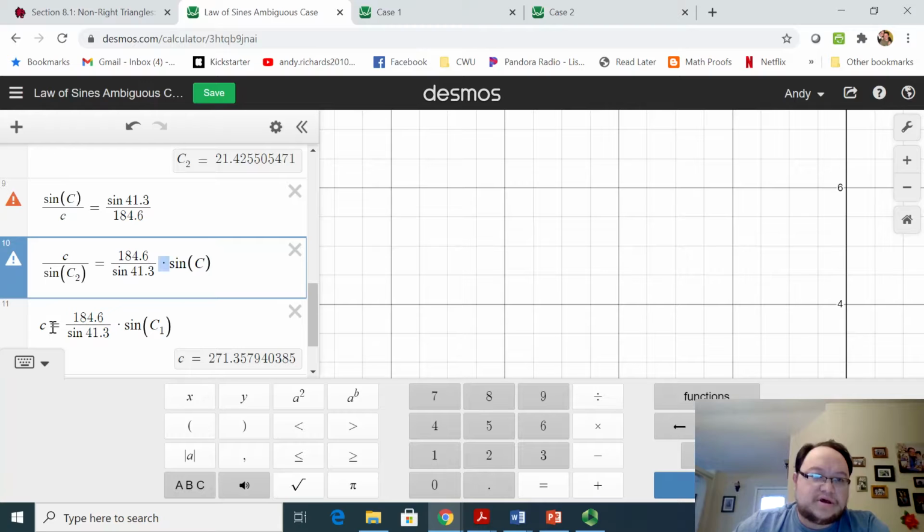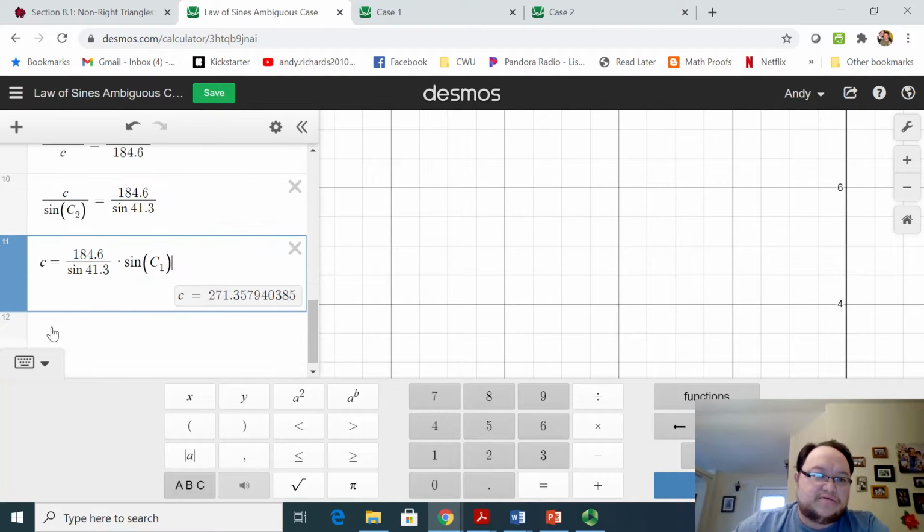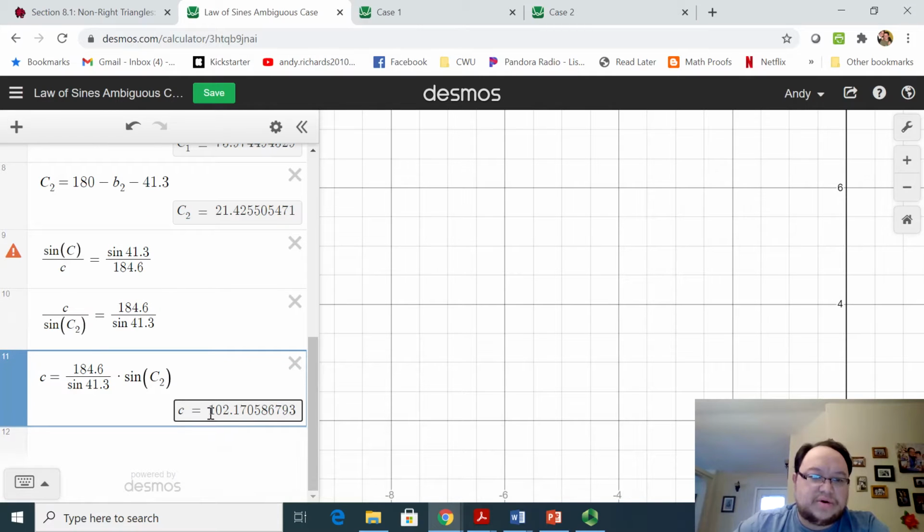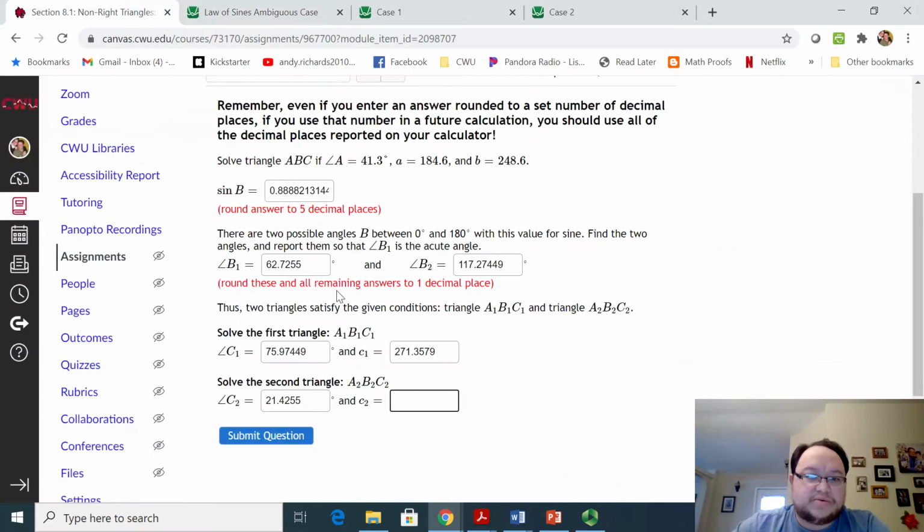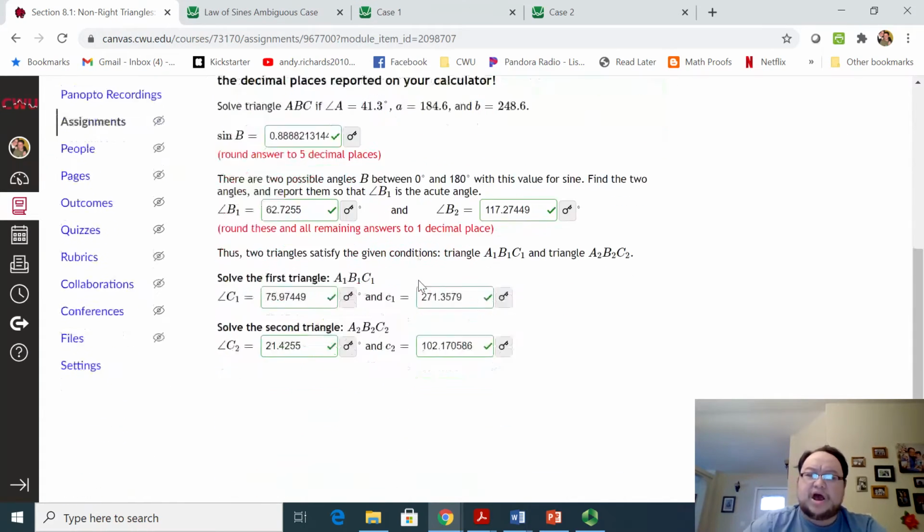And then in order to solve this, all I would need to do is multiply this over. So I would multiply that sine of C sub 2 over, and that gives me this 102.17 business here. I'm going to go a couple more decimal points so that I have all the things that I need. I hope this was helpful.